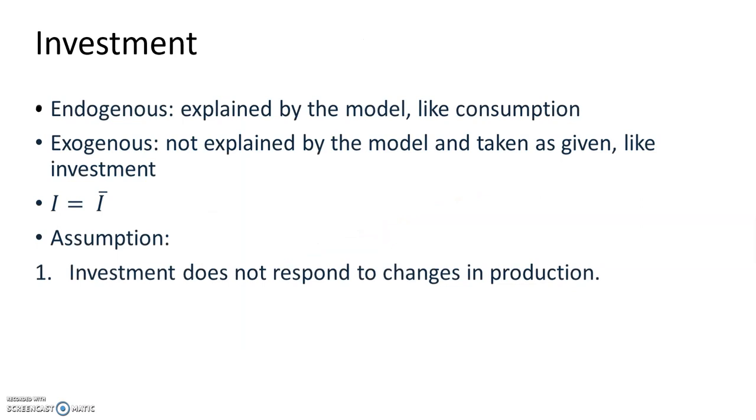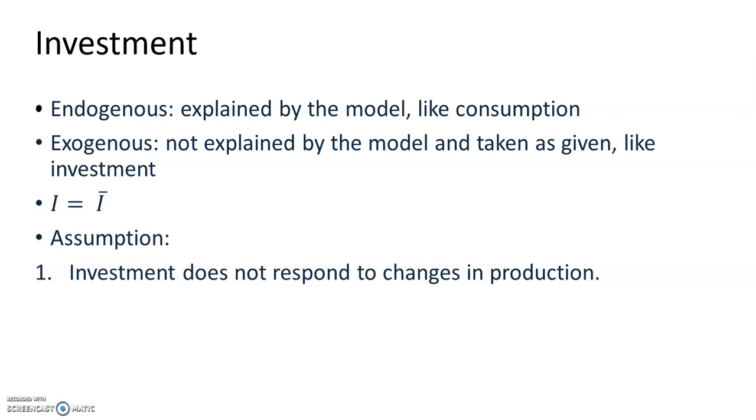Investment. Models have two types of variables. Some variables depend on other variables in the model and are therefore explained within the model. Variables like these are called endogenous, for example consumption. Other variables are not explained within the model, but are instead taken as given, and variables like these are called exogenous, for example investment.